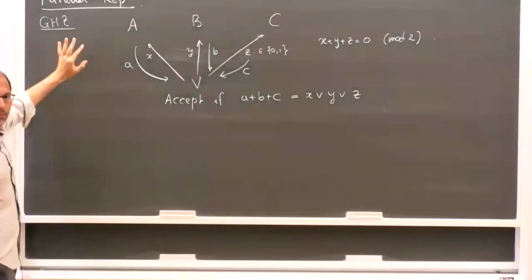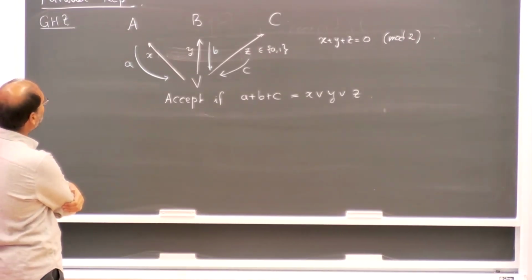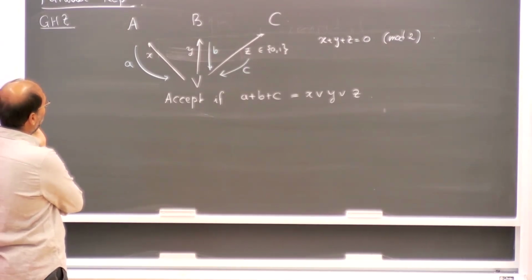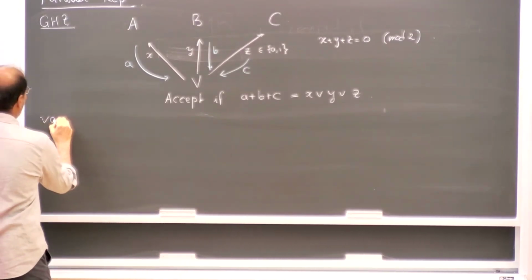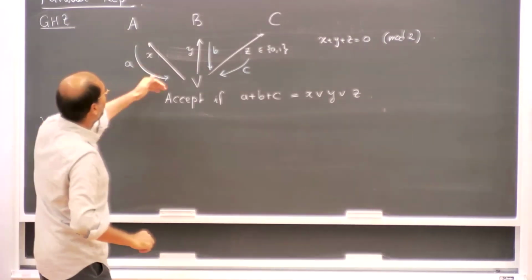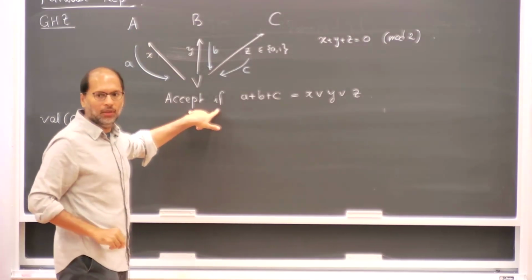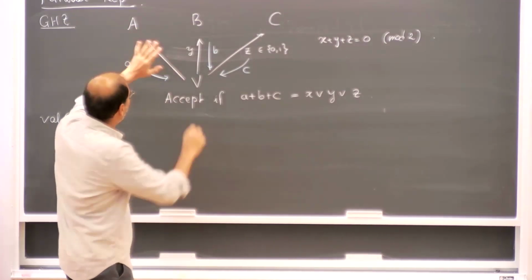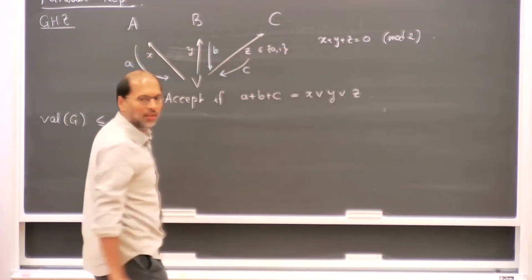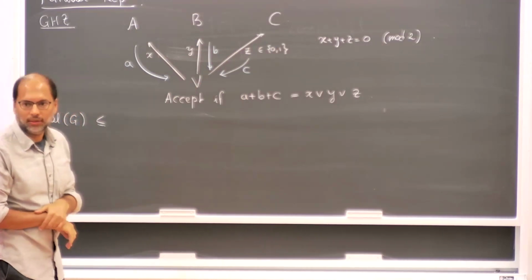This was studied in quantum information. And so what's the value of the game? The value of the game is defined to be the maximum probability with which the provers can make the verifier accept. And the provers can use whatever strategy they want, but without talking to each other.